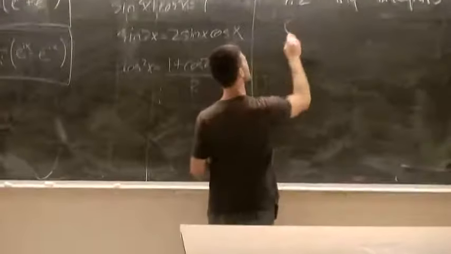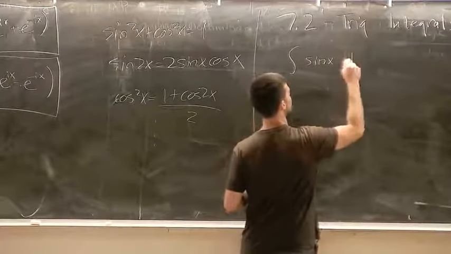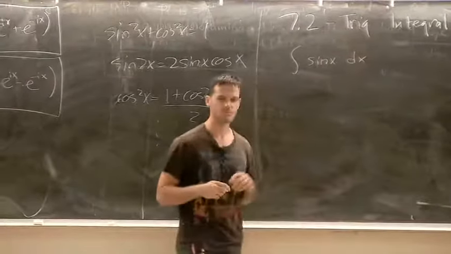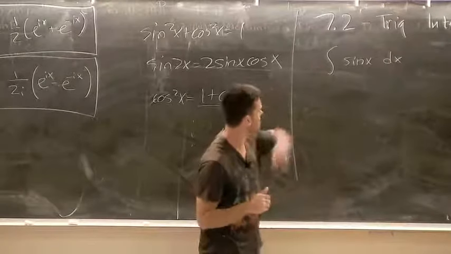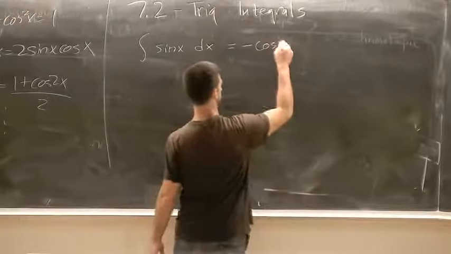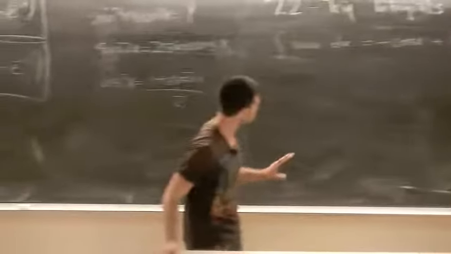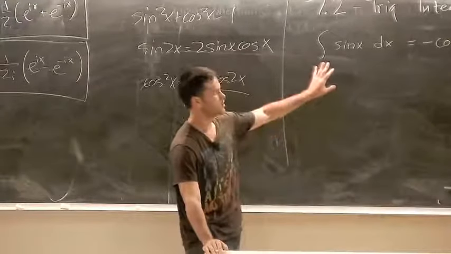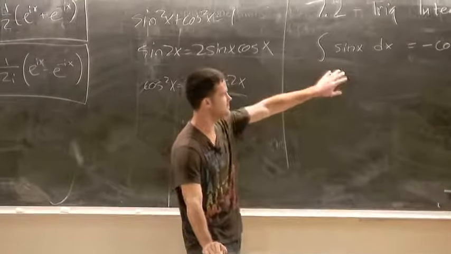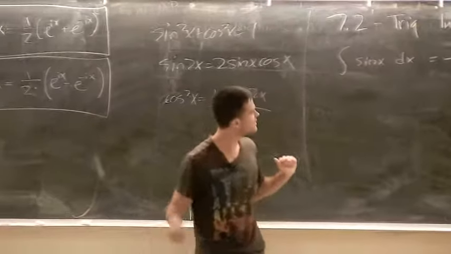Let's start with something we already know, like the integral of sine x dx. Everyone knows how to take this antiderivative. That's negative cosine of x plus c. Not so bad.